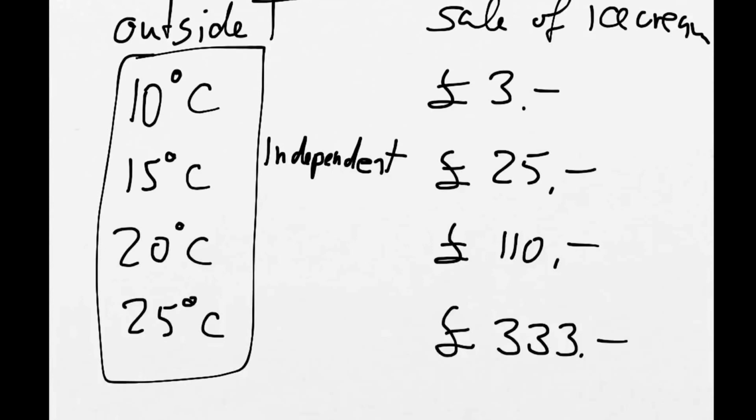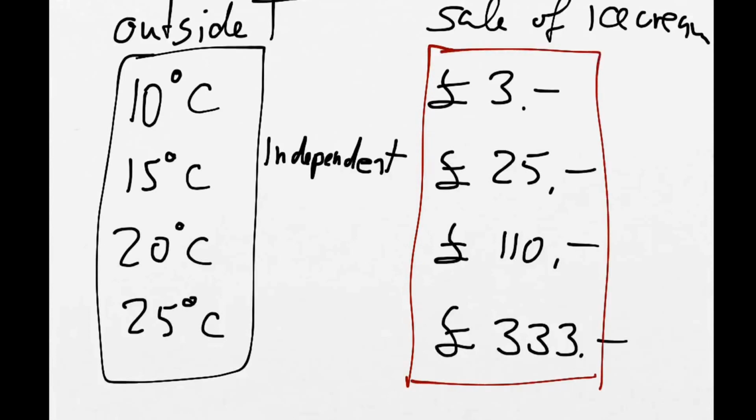And this series here is the result, the corresponding result. And that is called the dependent variable.